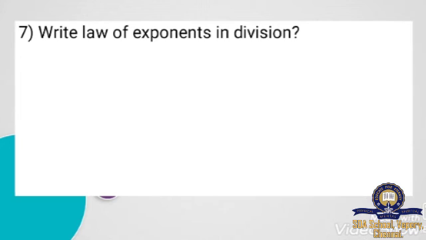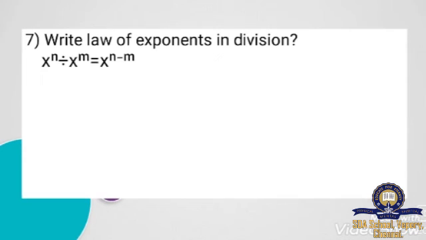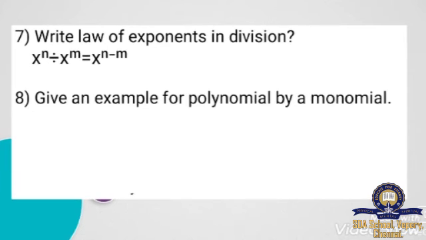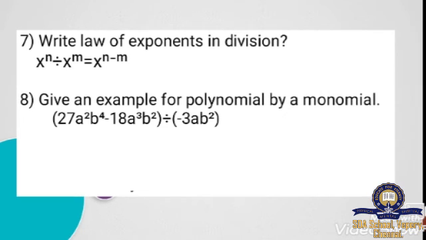Can anyone answer this question? Write a law of exponents in division. Yes, very good. So the answer is x raised to the power n divided by x raised to the power m is equal to x raised to the power n minus m. Now, can anyone give an example for a polynomial divided by a monomial? Yes, it is a good example.